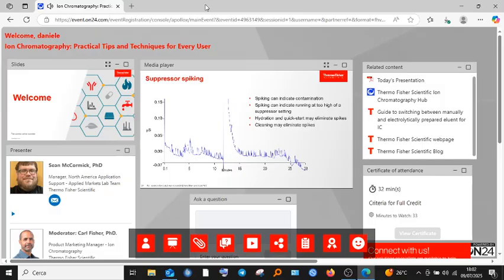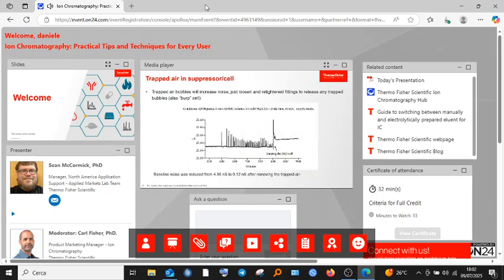Now, we're not as far gone in this case as the elevated background, so we could try hydration and avoid trying to quick start the system, or we could try cleaning it and see if those eliminate the spikes. There's also a third option, and that's that this is air. Air bubbles have entered the system.